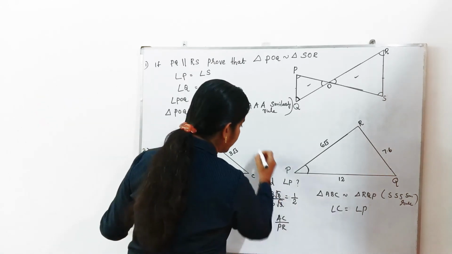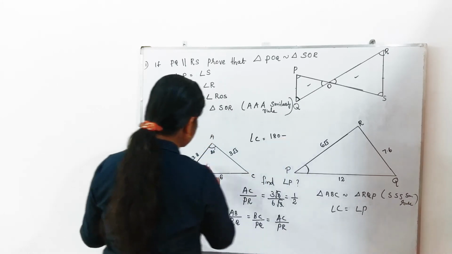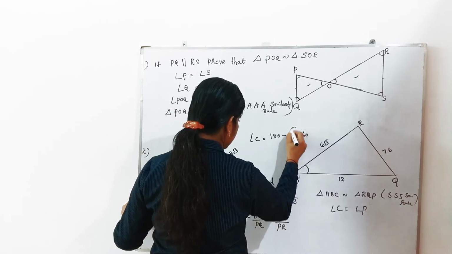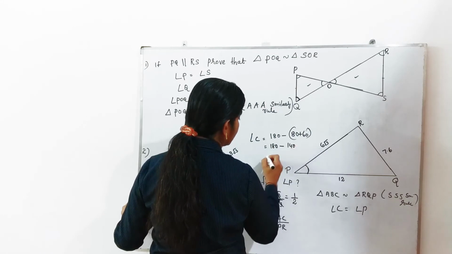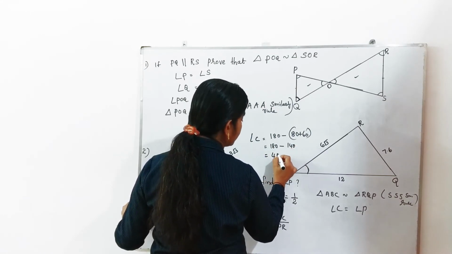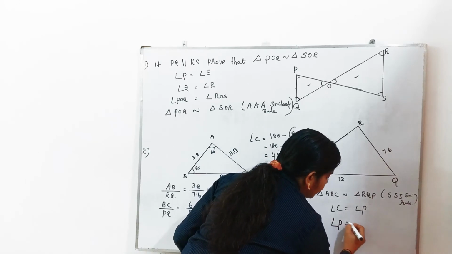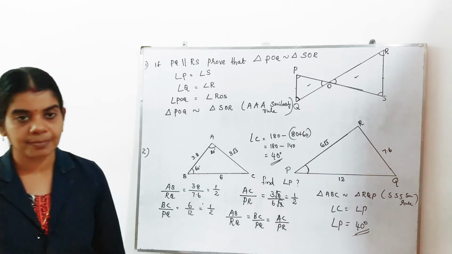Angle C equals 180 minus (80 plus 60). 80 plus 60 is 140, 180 minus 140. You are getting angle C equal to 40 degrees. So angle P also will be equal to 40 degrees.